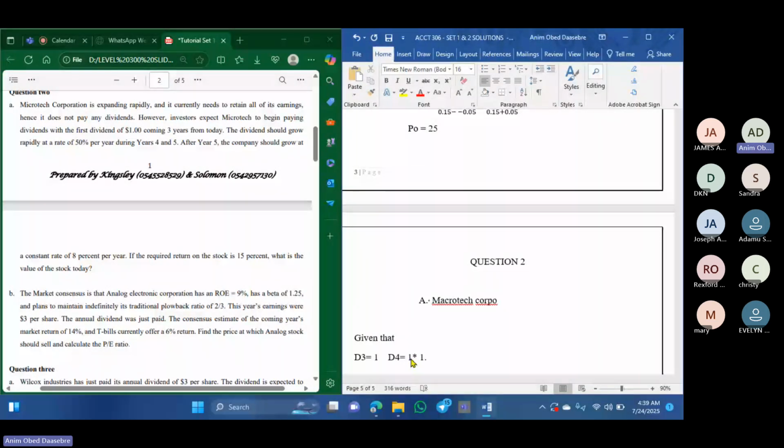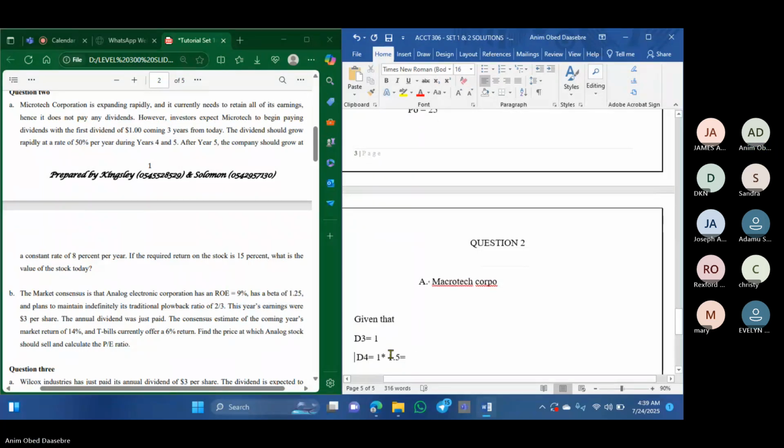The rate during the fast growing stage is what? 50%. So 1 times 1.5 gives us what? So the year 4 dividend is 1.5.